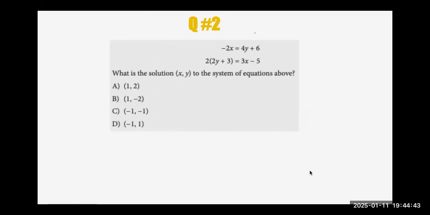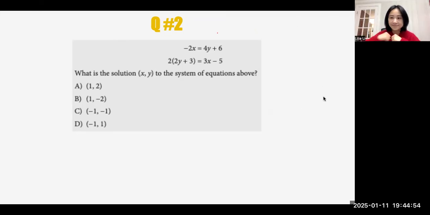try to solve for x and y in this system of linear equations. There are so many different ways to solve this problem. Okay. No hurry, students.